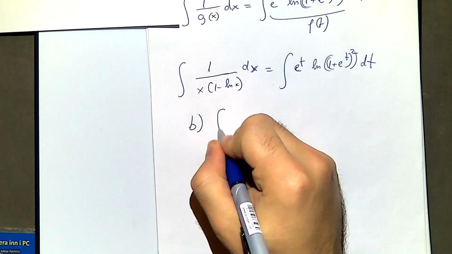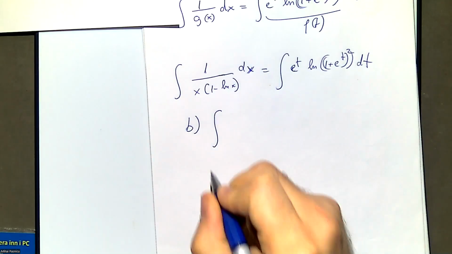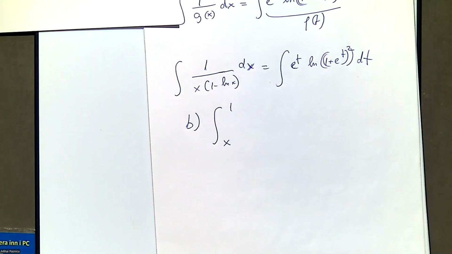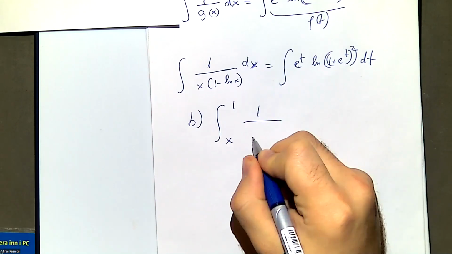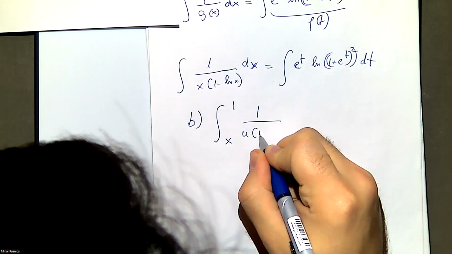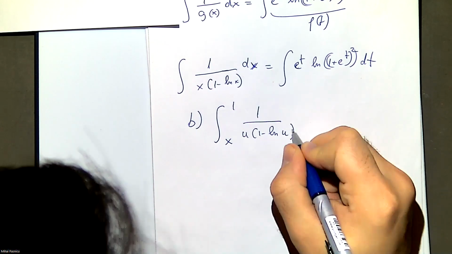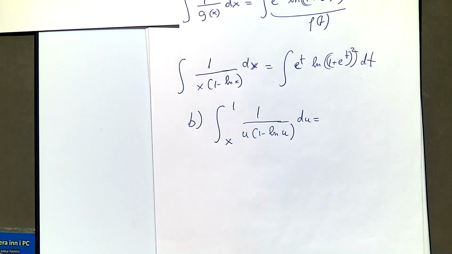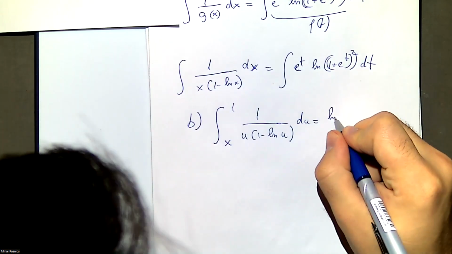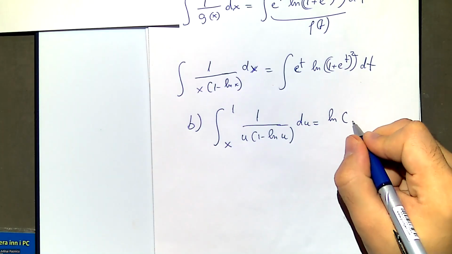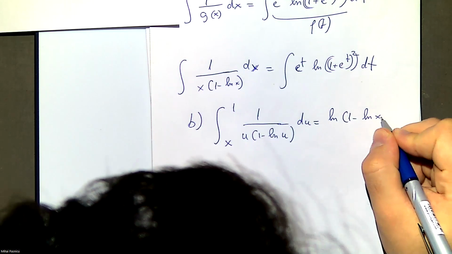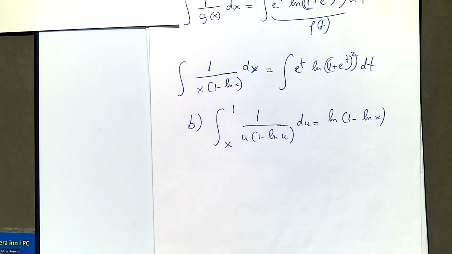Problem B tells me that the first integral from x1, u 1 minus ln of u du is equal to this ln of 1 minus ln of x, which is whatever.